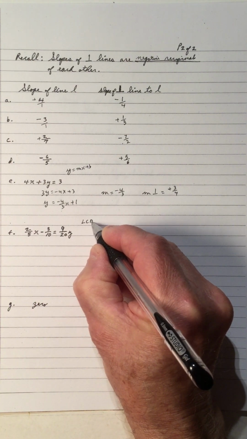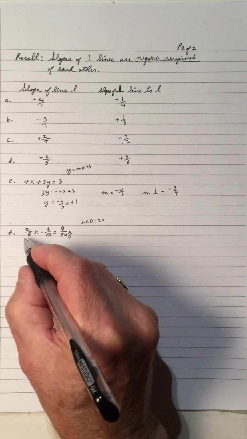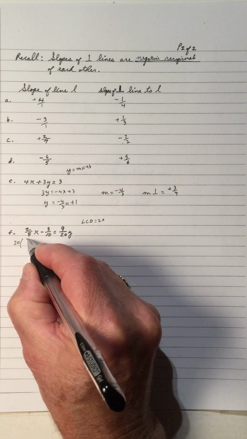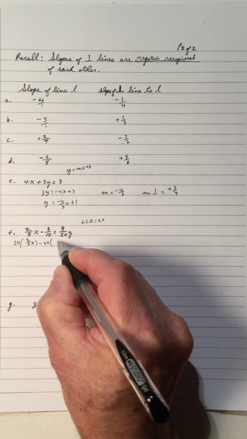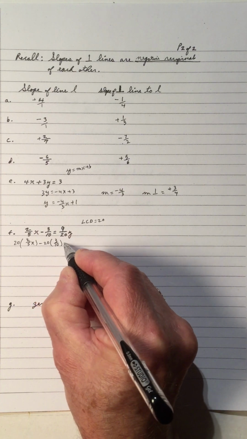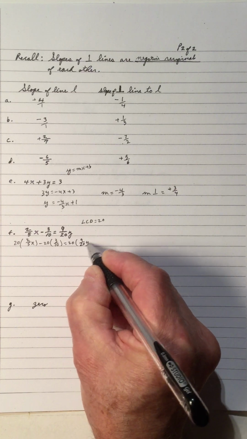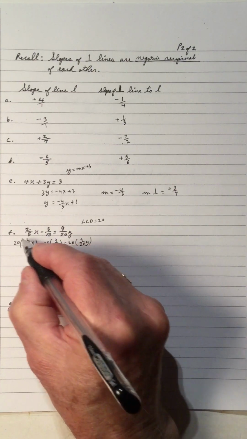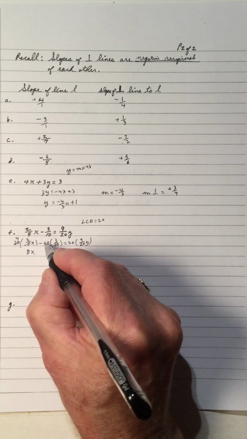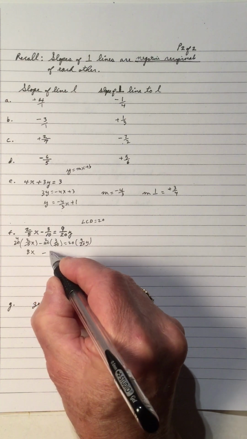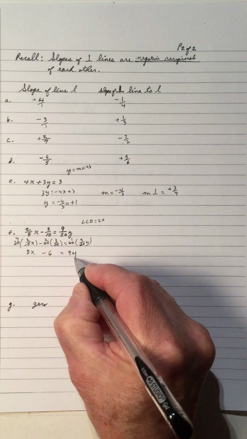So the LCD for 5, 10, and 20 is 20. So how I handle it, I multiply each part of the equation by 20. Multiplying by 20, the denominators will cancel out, so 5 into 20 goes 4, so that gives me 8x. 10 into 20 goes 2, so negative 2 times 3 is negative 6. 20 into 20 goes 1, so it gives me 9y.